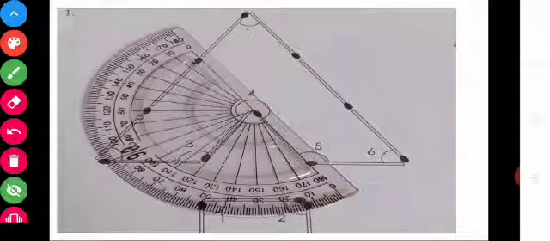Read the mark on the outer scale through which the arm 3, 4 is passing. So how much degree is that on the outer scale? 60 degree. So the measure of angle 3, 4, 5 is 60 degree. We found out angle 4 is 60 degree, and then you want to find the remaining, that is, the reflex angle.